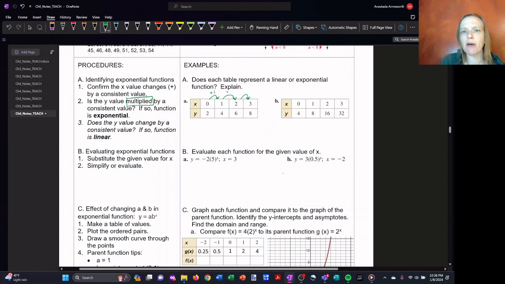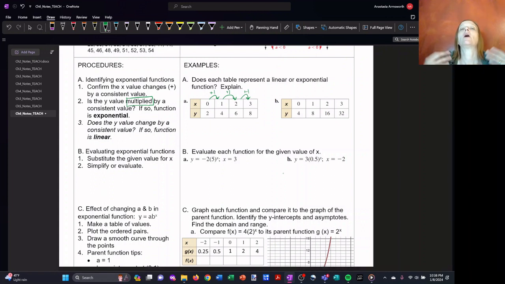So here, each time I just add 1 to the x value, so I'm always increasing by 1. So check that first before you look for consistency in the y value. Because if you're inconsistent with the changes in the x value, you won't see consistency in the y value, generally speaking. So now that I've looked for a pattern there, I'm going to look for a pattern in these values.